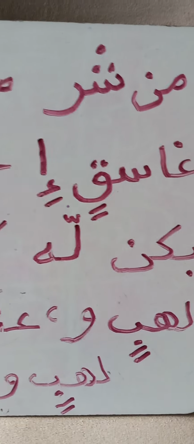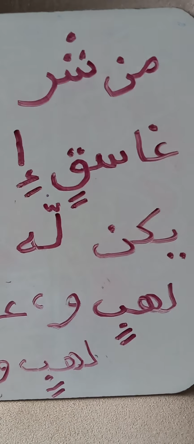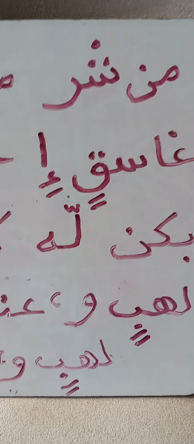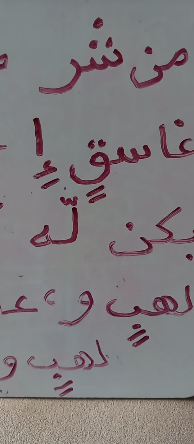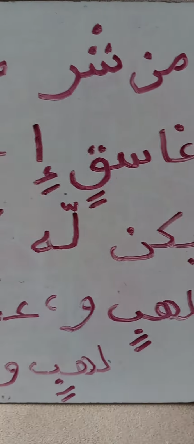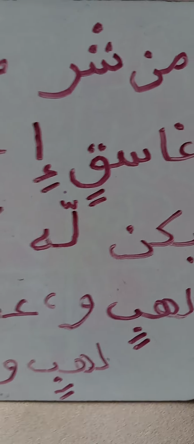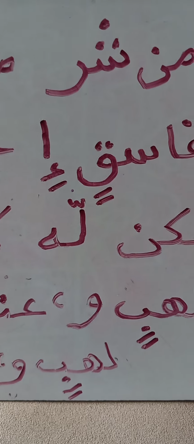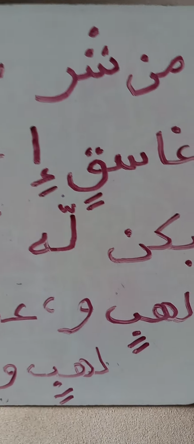When you see the nun sakin in Surah Nas, you will see min sharri. This sound, the sheen, you have to know what category the sheen belongs to. That's how you will figure out what sound you are going to give it. You have a nun sakin, sheen came after it. What category does the sheen belong to?